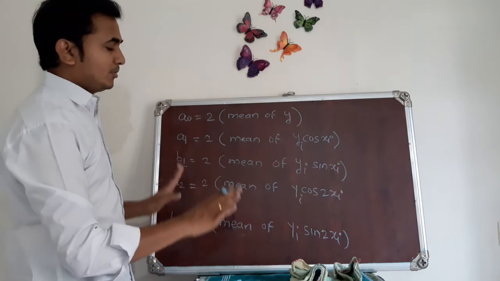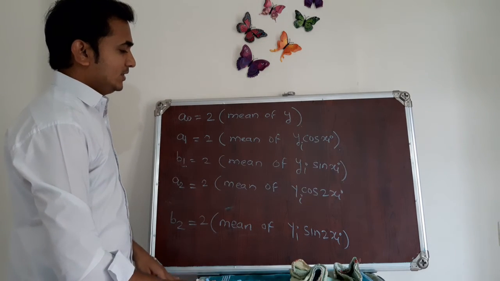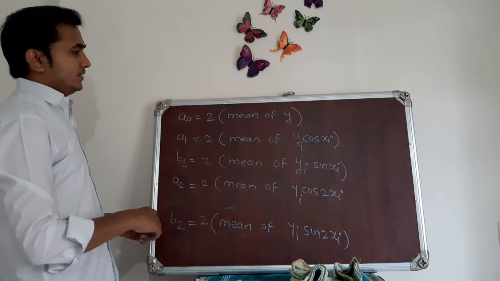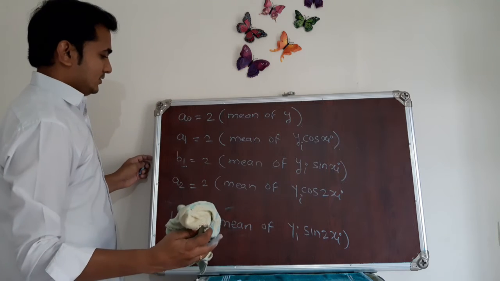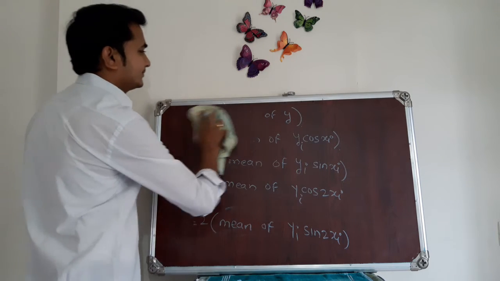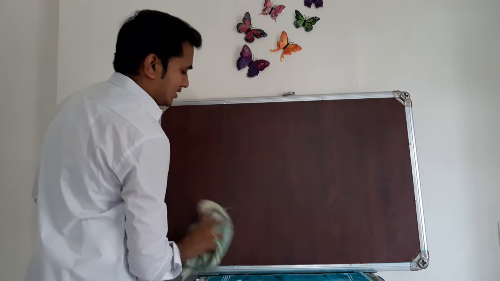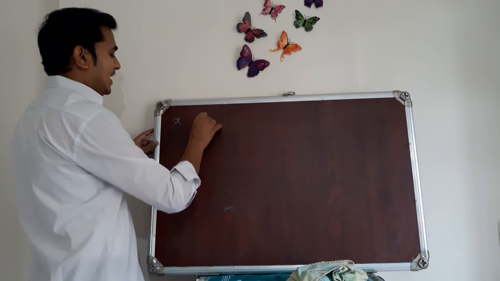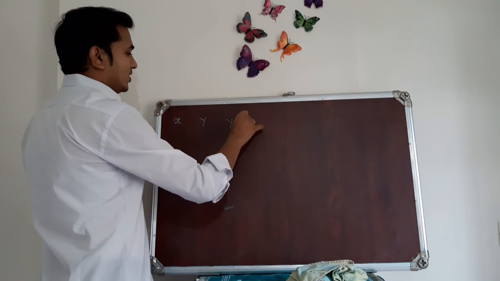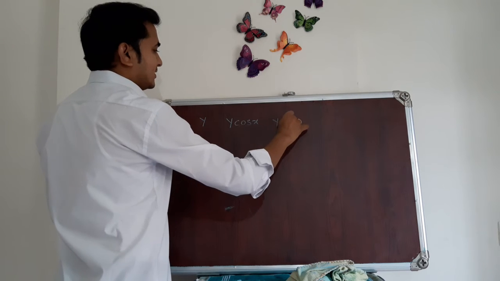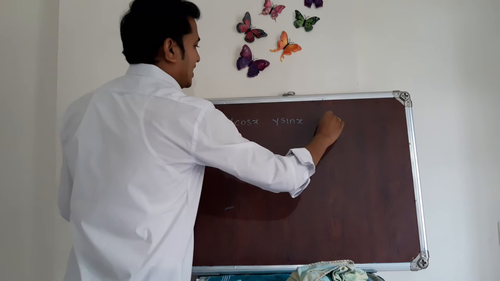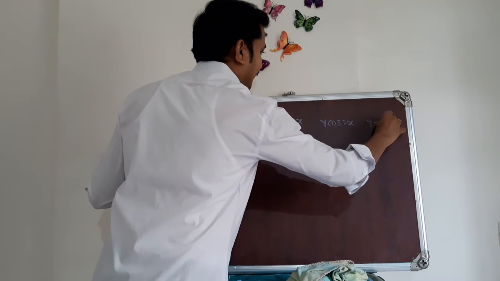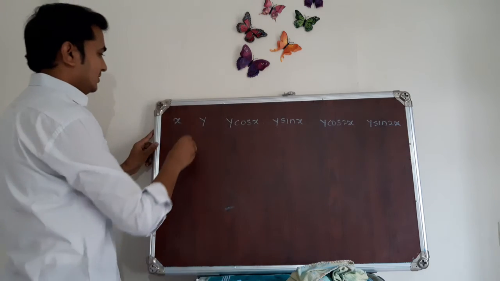You need to make a proper table for this, that we'll see on the next slide. The table is x, then y, then you need y cos x, y sin x, y cos 2x, y sin 2x.